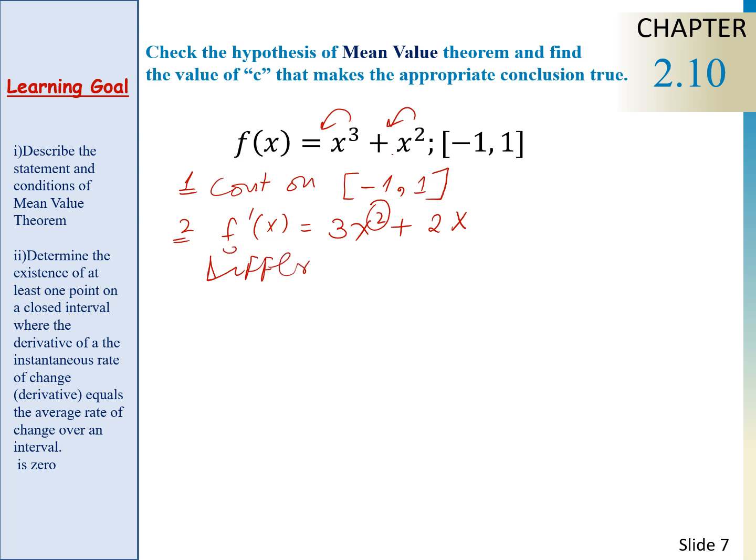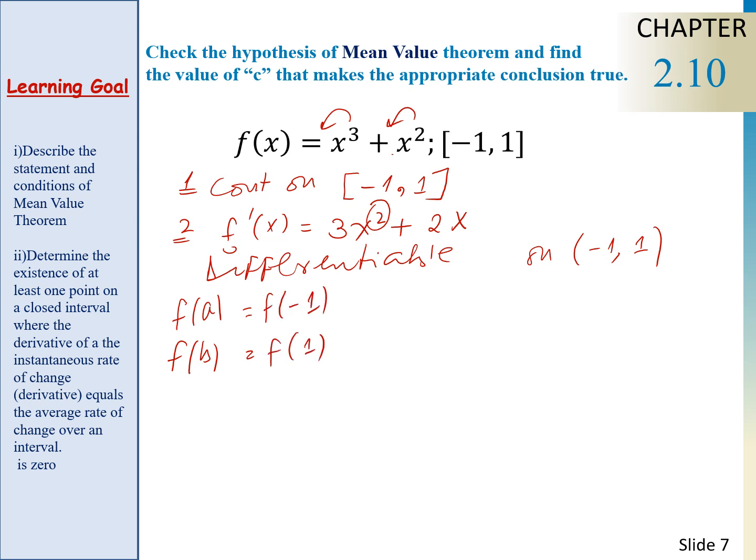So you can say that it is differentiable on the open interval of -1 till 1. The two conditions are fulfilled. Now what you have to do, find f of a and f of b to put in the formula. What is a? a is -1 and what is b?